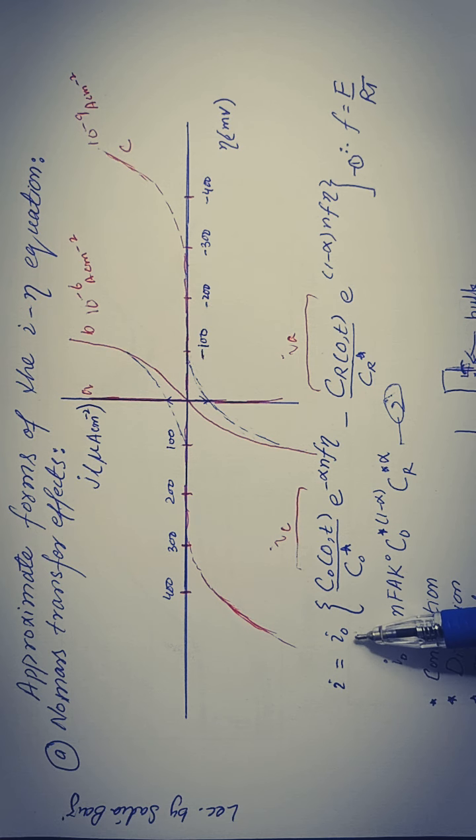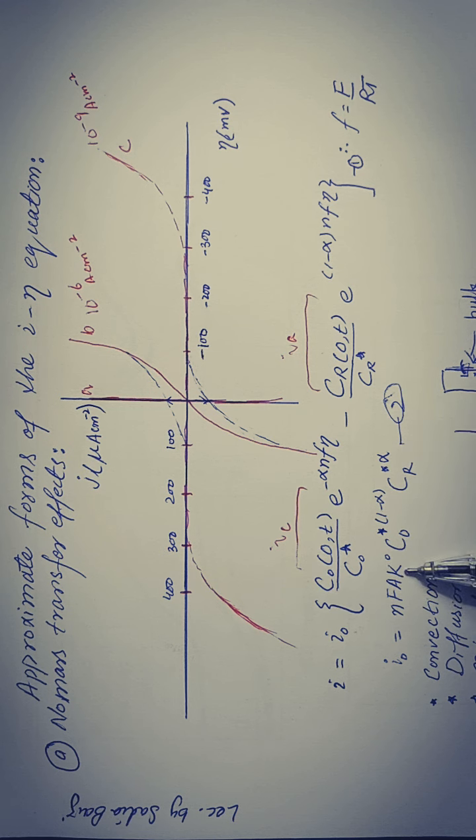So here we can see that the exchange current, which is defined as equation number 2, is directly related to the standard rate constant.